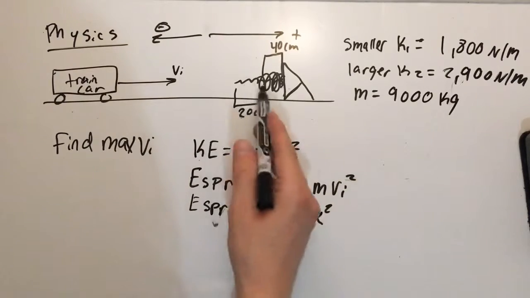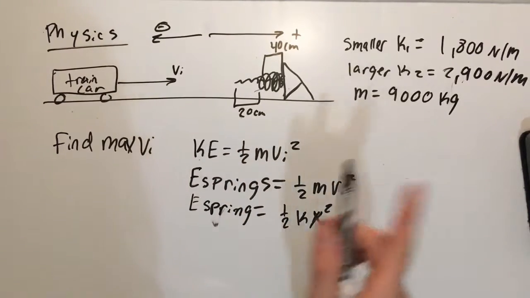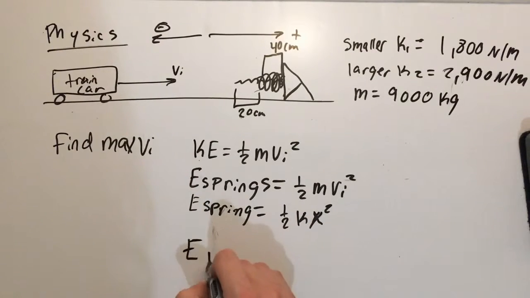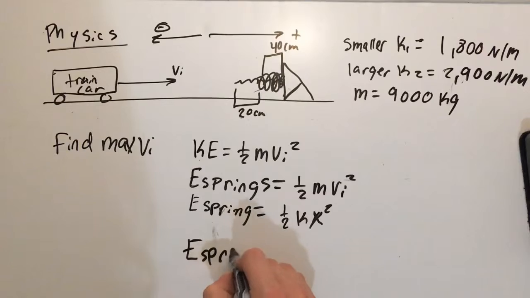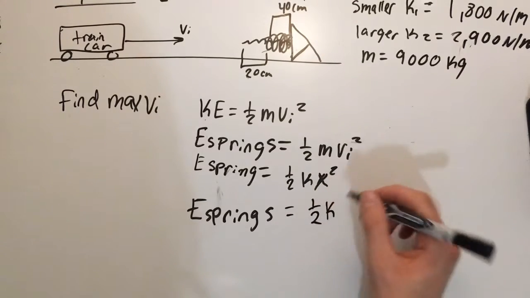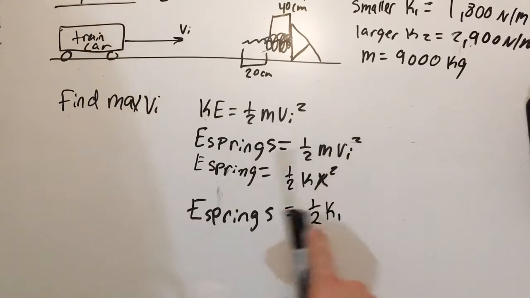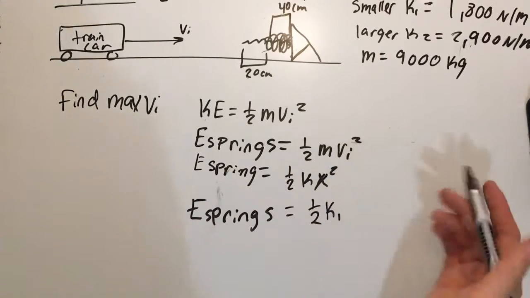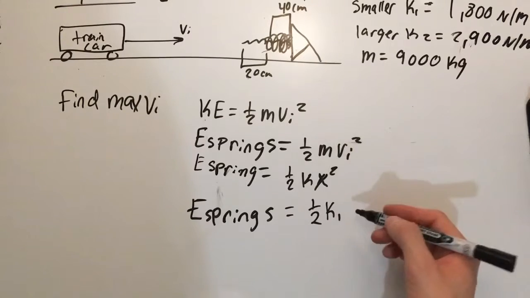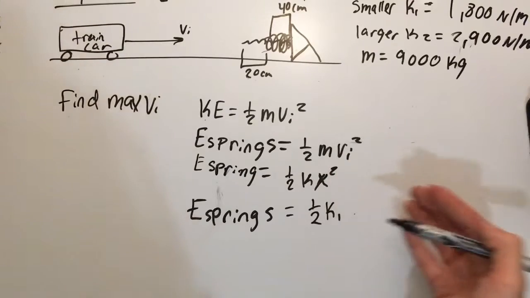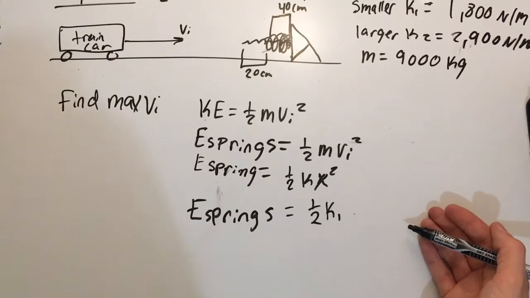Now, the energy of these two springs, let's look at what's going to happen. The first one is going to compress. So the total energy of these springs, make sure you guys can still see that, awesome, is going to be equal to 1/2. Now let's consider everything that's happening to the K1 spring. You may want to say it's compressing 20 centimeters, and then it compresses together with the second spring.